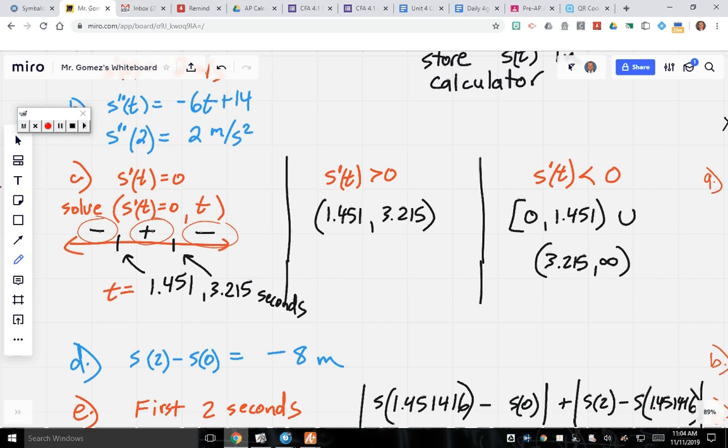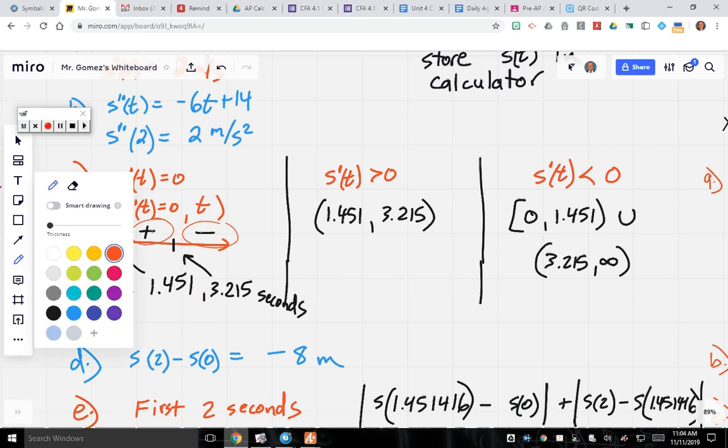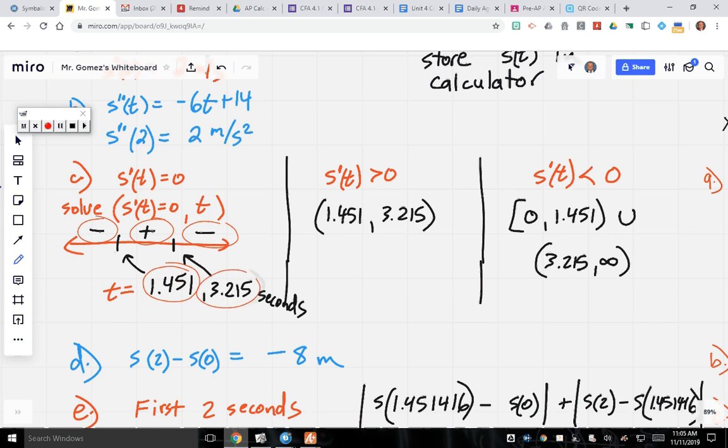Now, for part C, you notice that I wrote at 1.451 and 3.215 because that's the answer as far as just to that piece. So I'm going to say that it's at rest at time 1.451 and 3.215 seconds because the derivative is equal to 0.